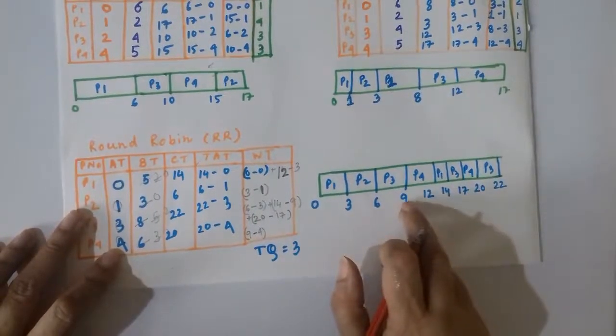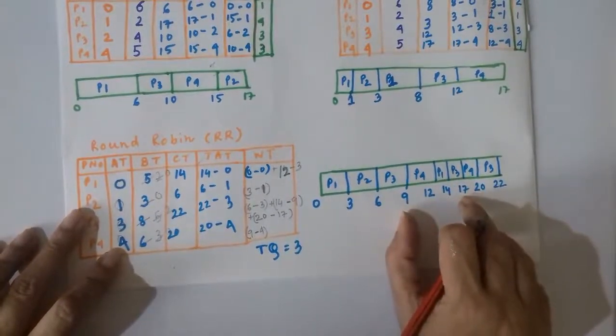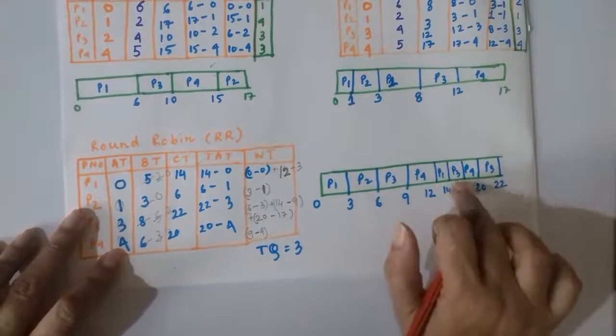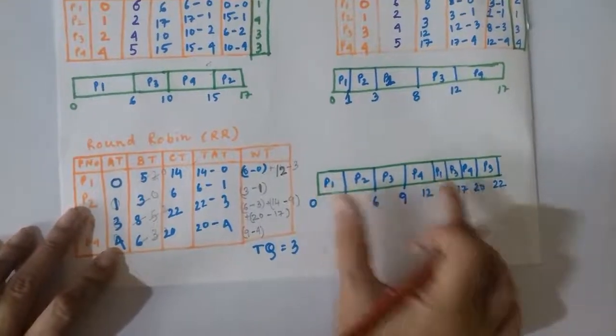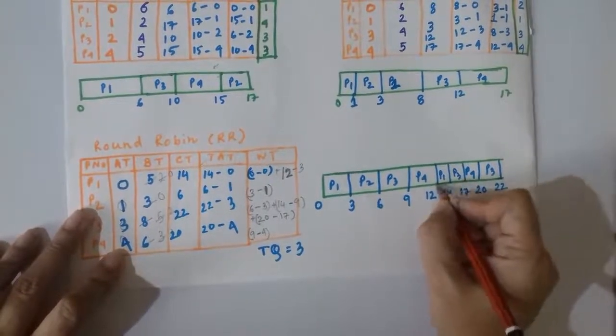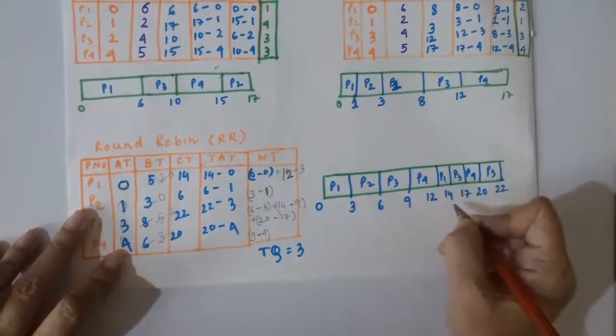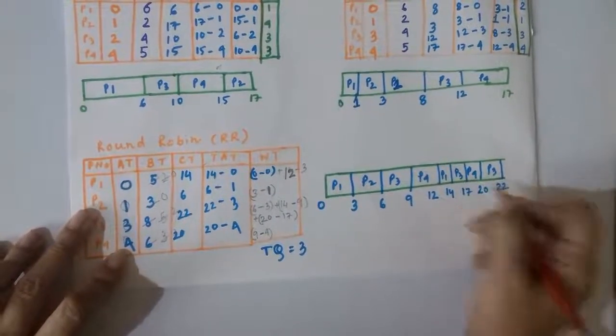Now for the next time of execution of P4. P4 started at 9 first. Second time it started executing at 17. So before that it was waiting. This part we have already taken care of. Now this part is the second waiting time for P4. It was from 12 to 17.